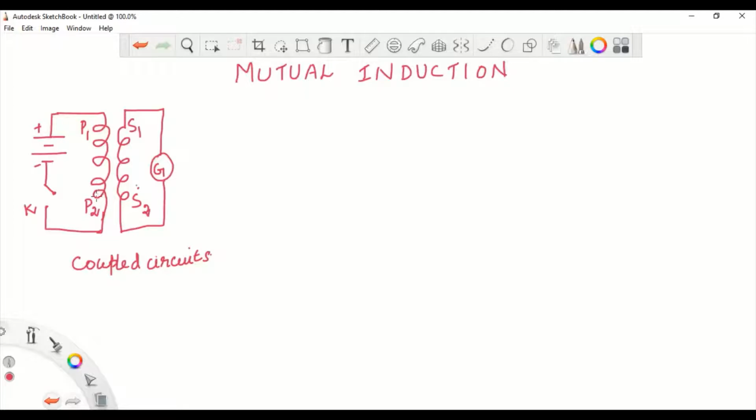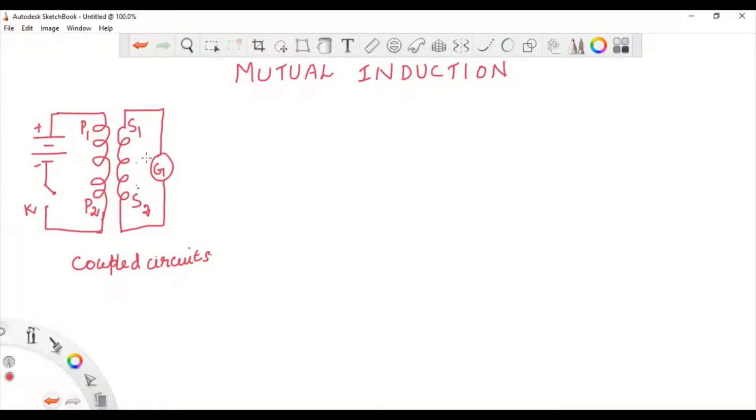Because of this only, the galvanometer gives deflection to the right at the time of break of the circuit. So when the key is pressed, the deflection in the galvanometer is towards left, and when the key is released, the galvanometer will give the deflection in the right side.